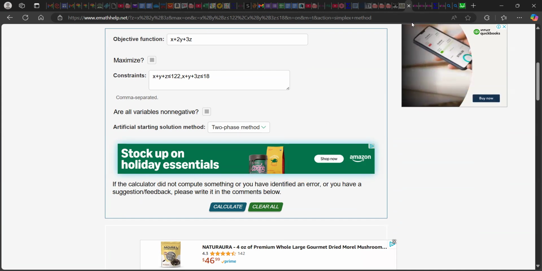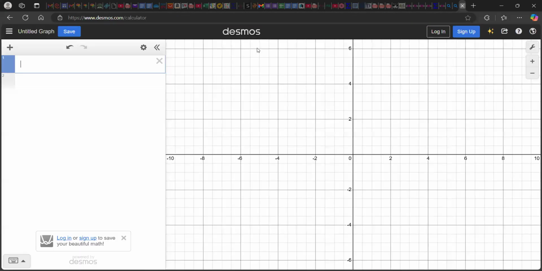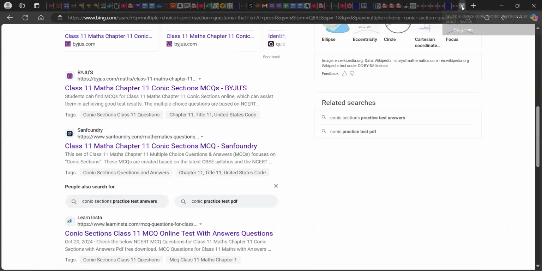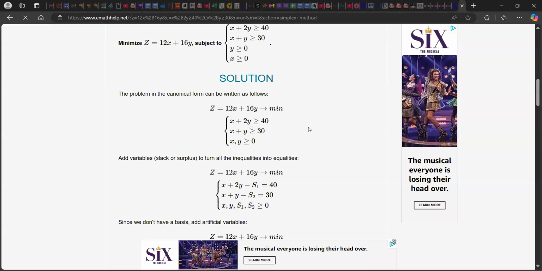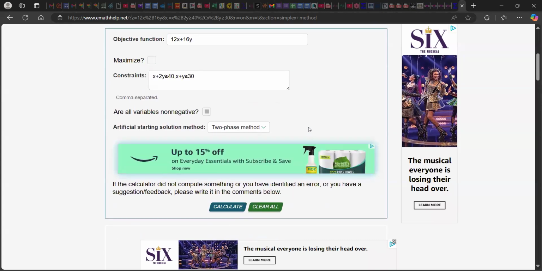I had it here, but one second, I have to get rid of some stuff. Is this it there? No. Let me write down the constraints and I'll change it here.